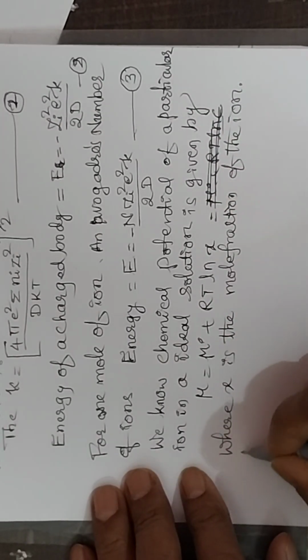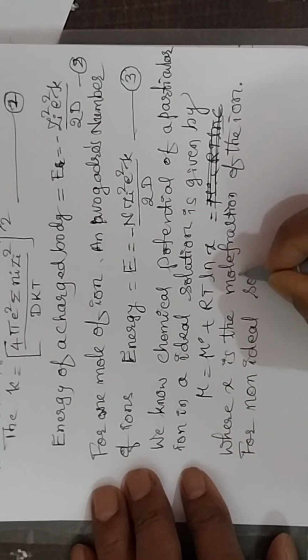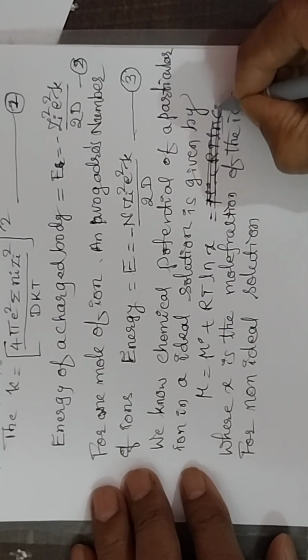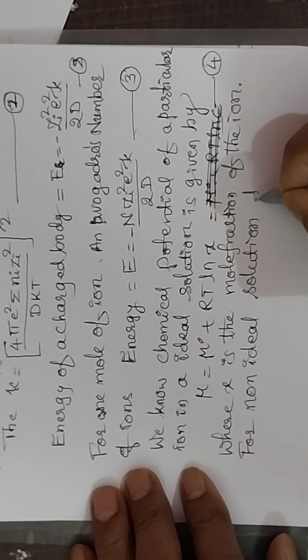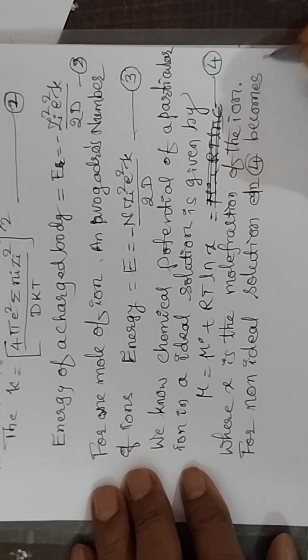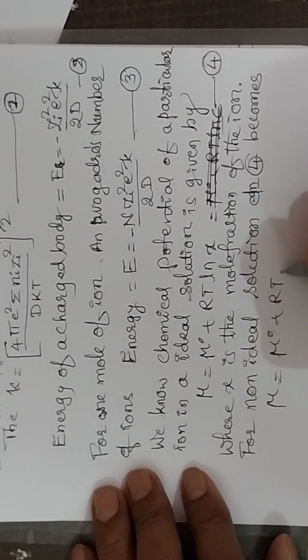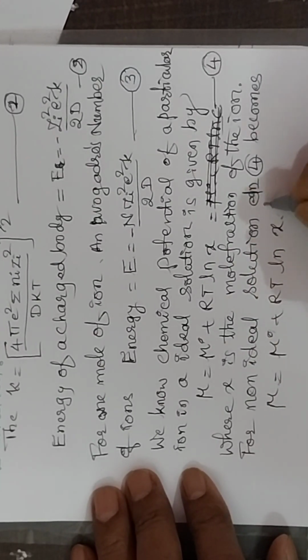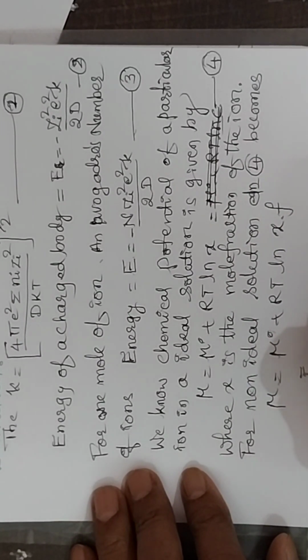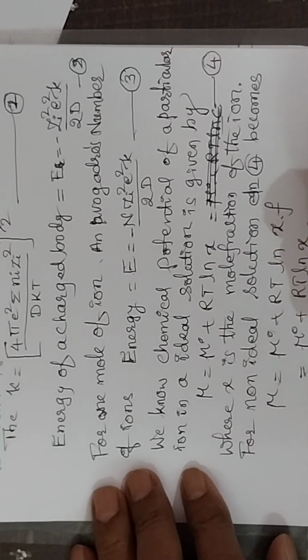For a non-ideal solution, this equation, suppose this is equation 4, becomes mu equal to mu naught plus RT ln x times the activity coefficient f, and this may be written as mu naught plus RT ln x plus RT ln f.